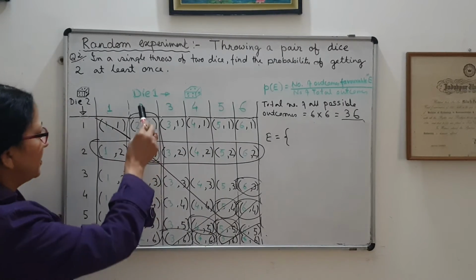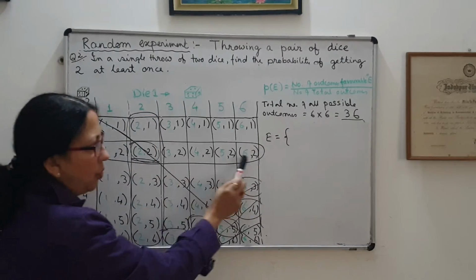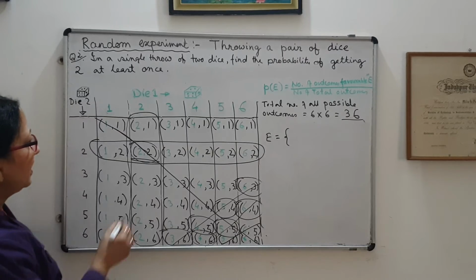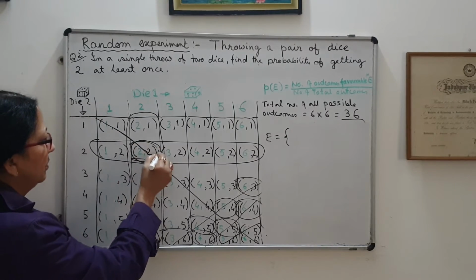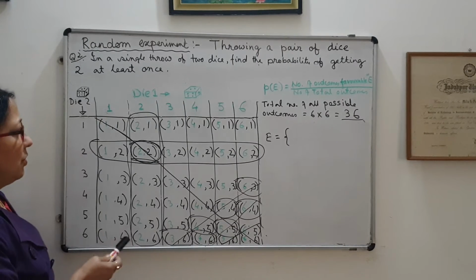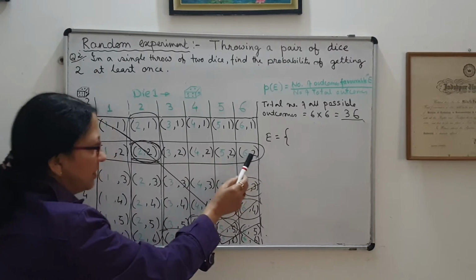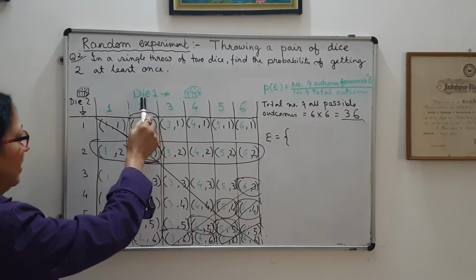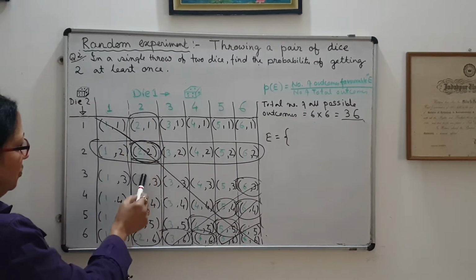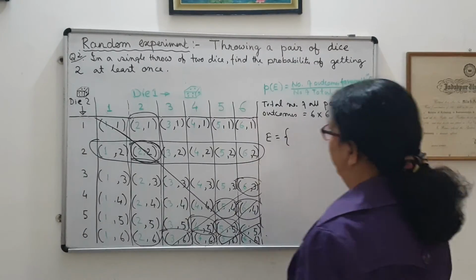So obviously I have to consider the outcomes of this column and this row. And this one 2 is common, where 2 is coming on both dice. So simply count. There are 6 outcomes here, and if I exclude this one, there are 1, 2, 3, 4, 5. So 5 plus 6, 11 outcomes are favorable.